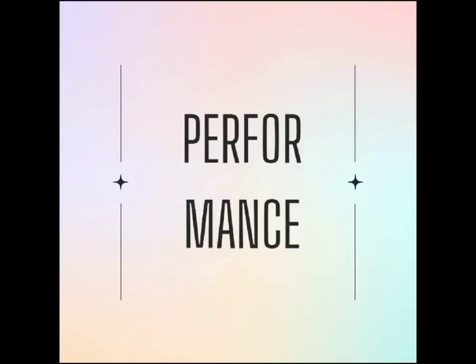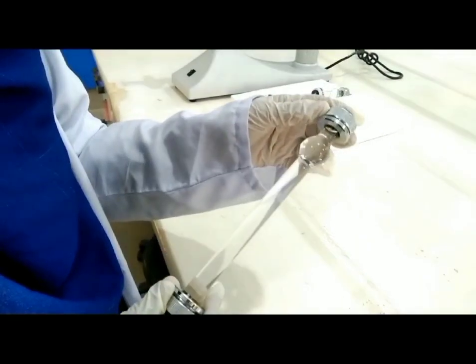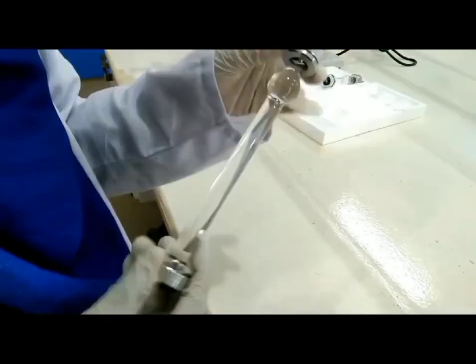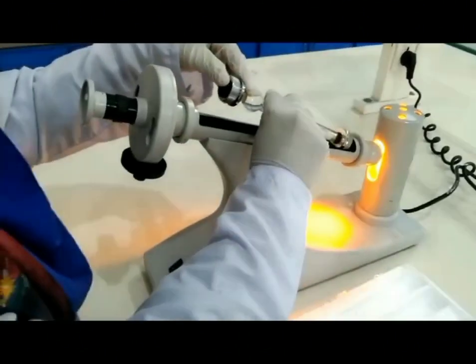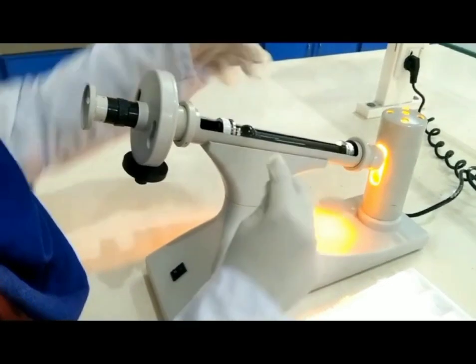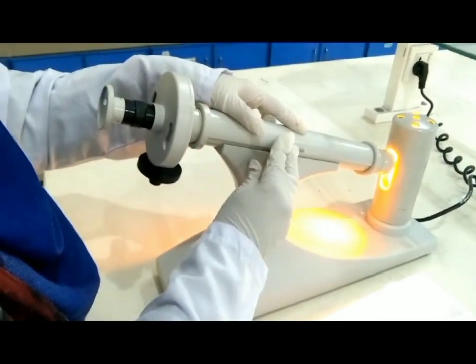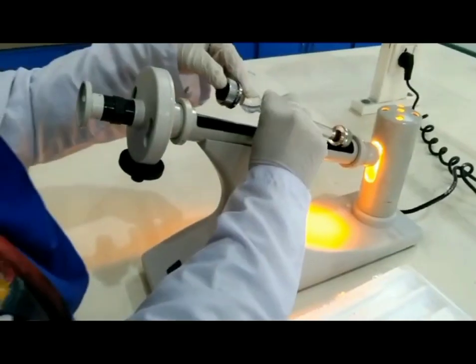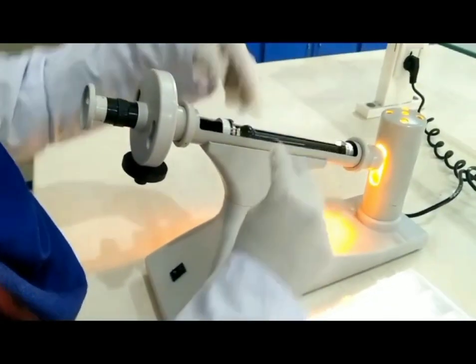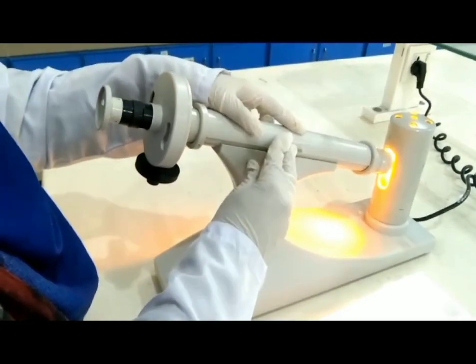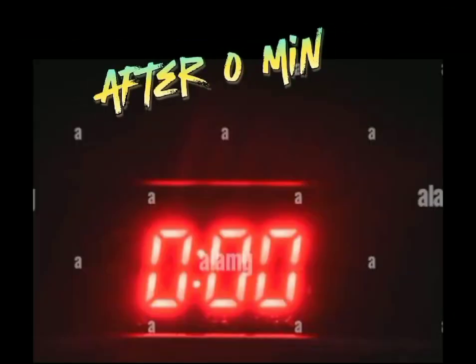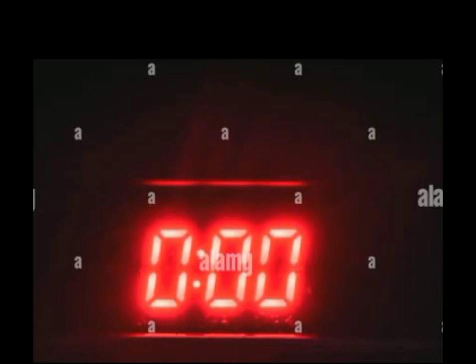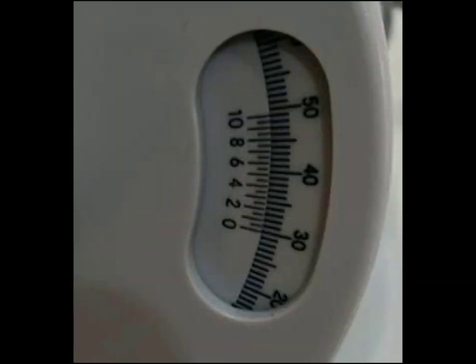Now we will perform the experiment. First we fill the sample holder with pure sugar solution. Put it into the metallic jacket and we will see that the full bright region appears. Then the reaction solution sample is put and we will see that after 0 minutes the bright region appears and the vernier scale 0 point matches the 30 scale.